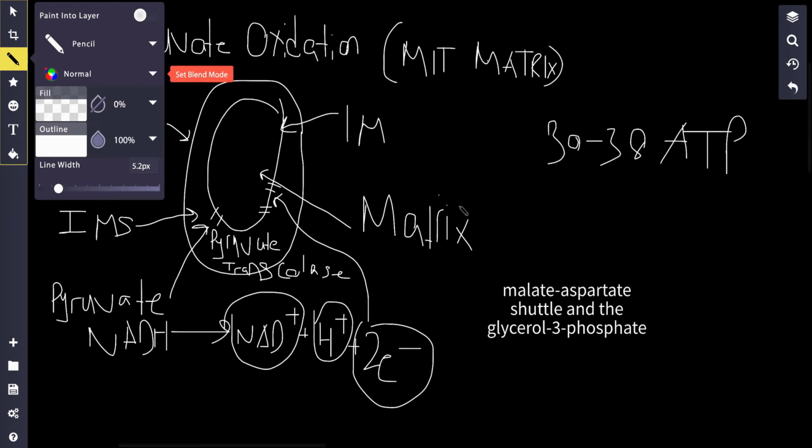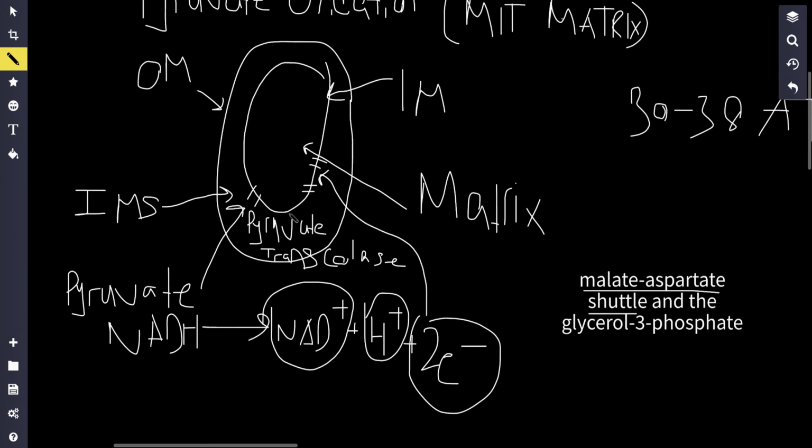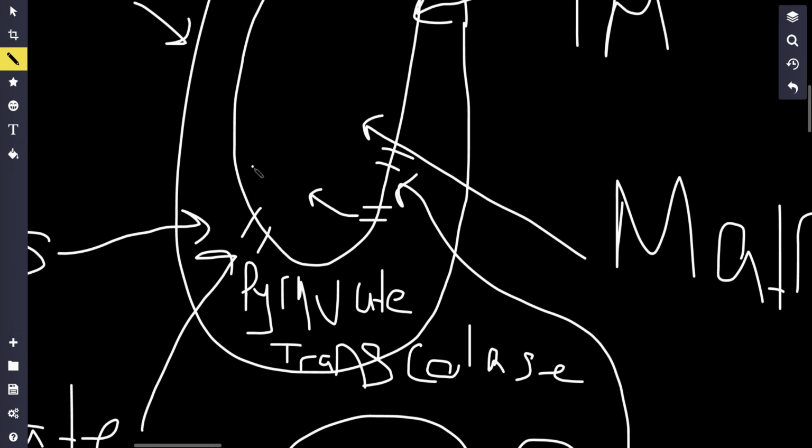You can either take the malate aspartate shuttle. Think about a train, like a shuttle, and these electrons can travel through there. When the electrons travel through there, NAD plus is going to turn into NADH.